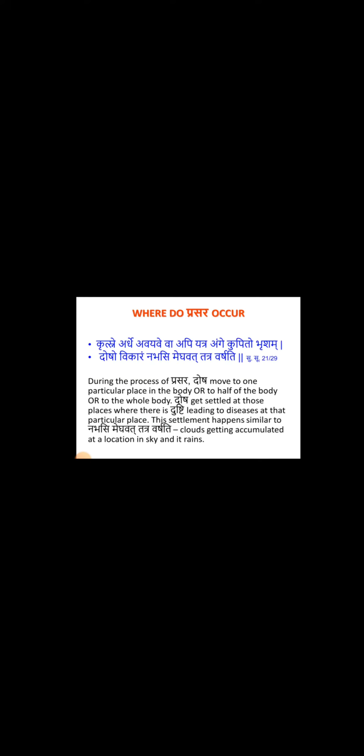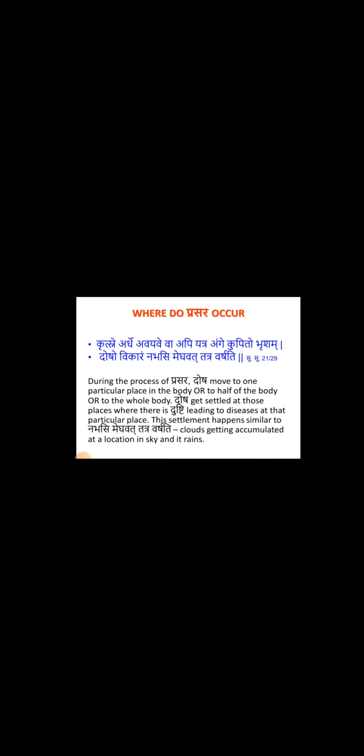So what happens here, the doshas in such condition, whenever they move in the body, enter into the different areas of the body wherever there is kavaigunya. So where it will stop, it starts the disease manifestation. He's telling, Krishne Ardhe Avayaveva Api Yatra Ange Kupite Brasham Dosho Vikaram Nabasi Megavat Tatra Varshati.